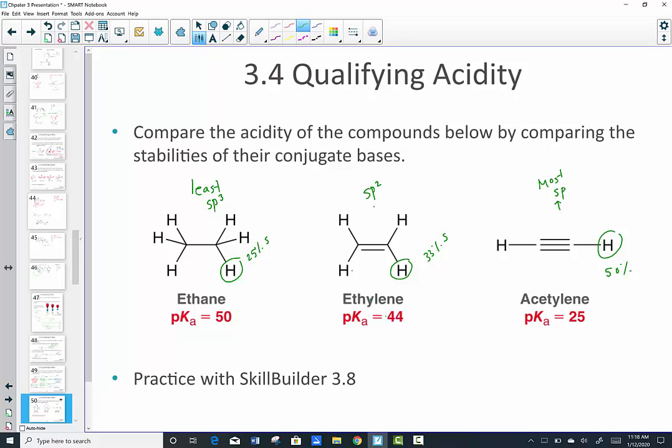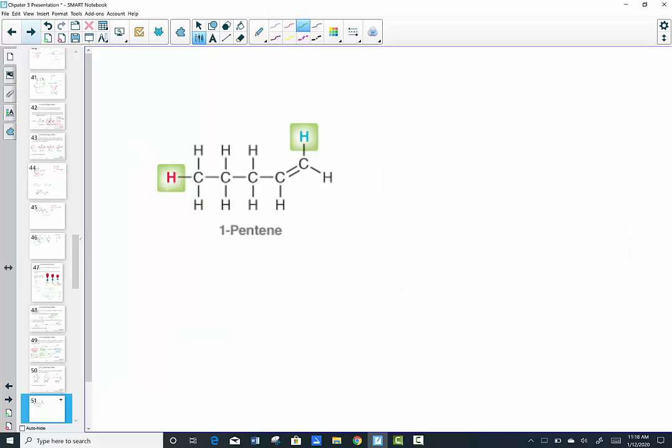The one that exhibits the higher s character will have the proton that's more acidic. A double bond hydrogen is more acidic than a single bond proton. The highest s character comes from the triple bond. This is most acidic.